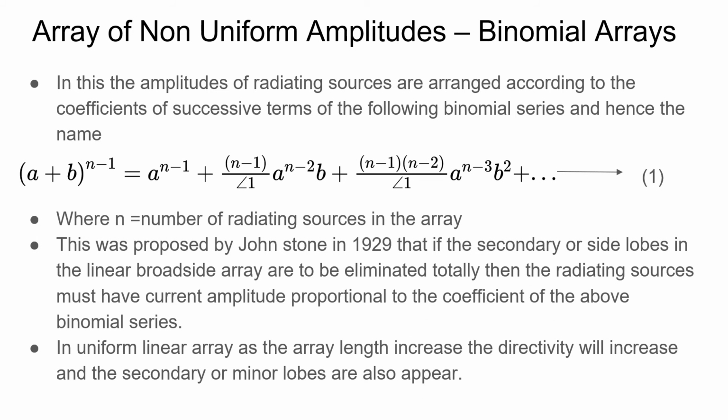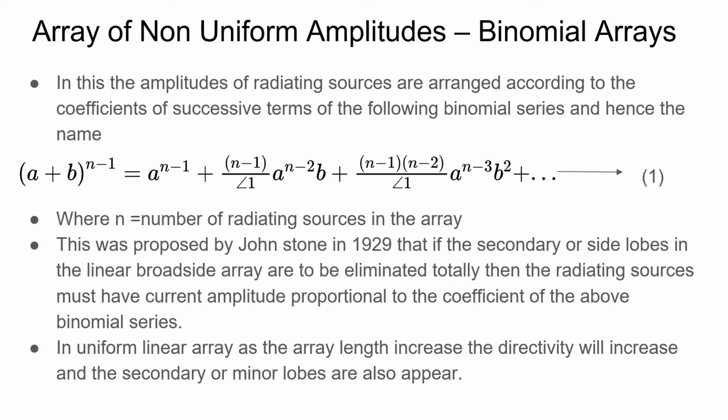So the next topic is the array of non-uniform amplitudes. Till now we have seen the array fed with uniform amplitudes. The disadvantage of applying uniform amplitude is that as the number of elements in the array increases, the side lobes are going to increase. There are many applications which require zero side lobes.